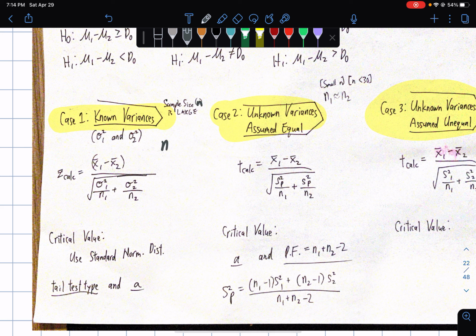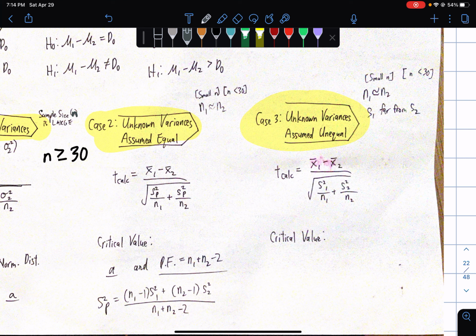There's a standard. As long as your n1 is greater than or equal to 20, then your sample size is large. So let's say n1 is 30, n2 is 765. This is only an example.